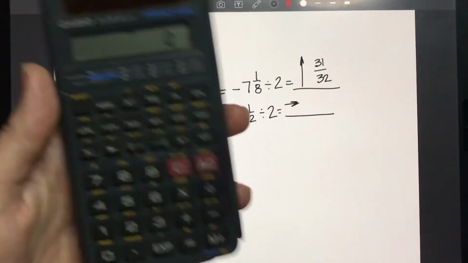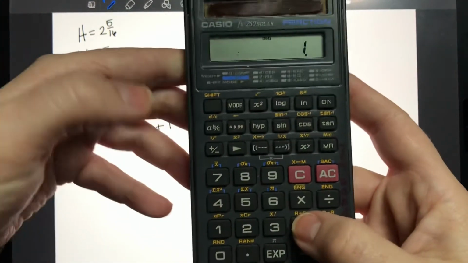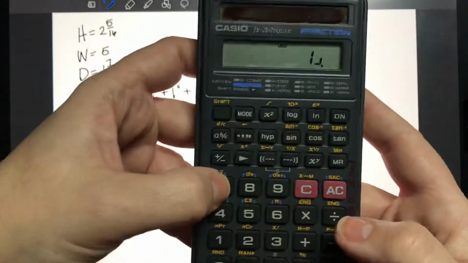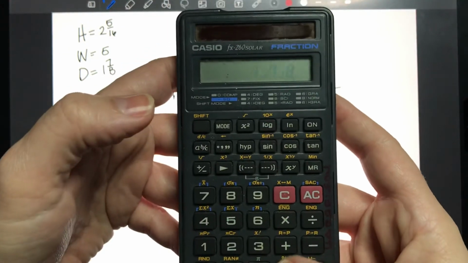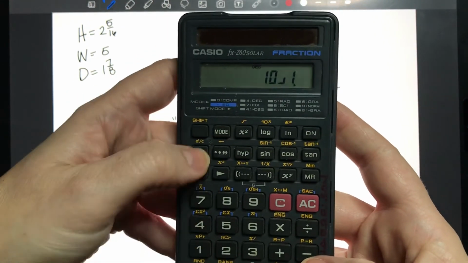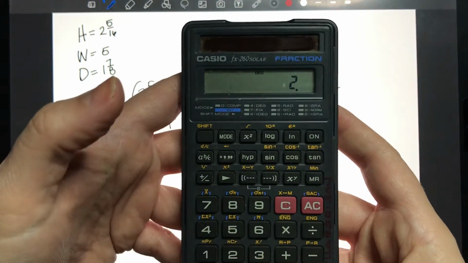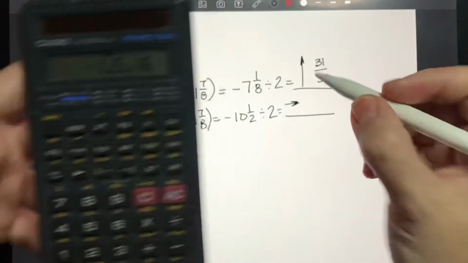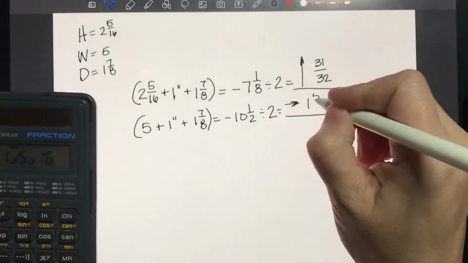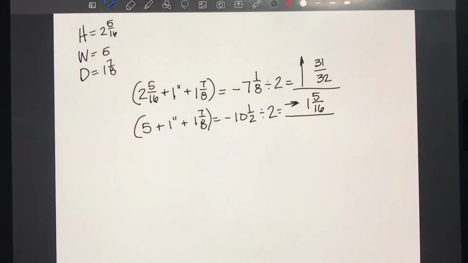Let's do our side-to-side formula. 5 plus 1 plus 1 7/8 equals, minus 10.5 equals, divided by 2 equals 1 5/16. So our offset from the side of the title block is 1 5/16.